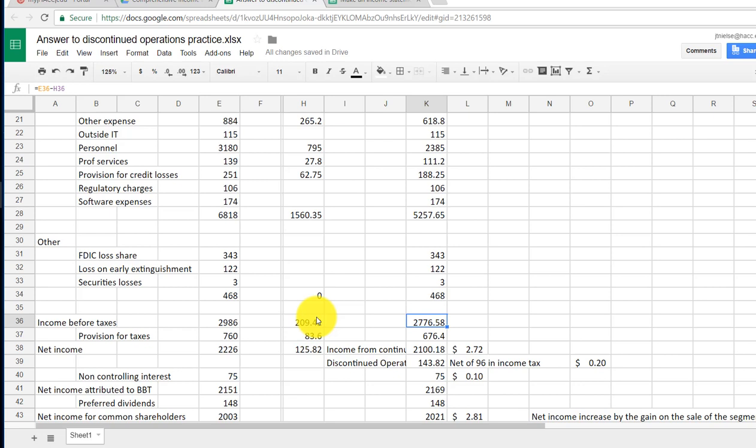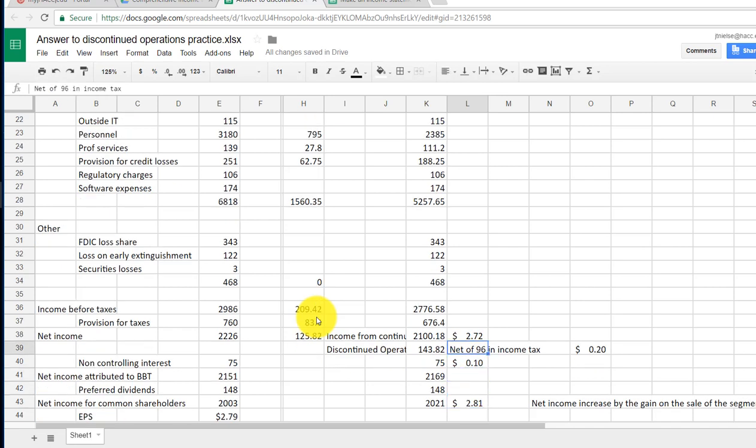Then we have income before taxes, the taxes minus the part that was discontinued, and income from continuing operations of 2100.18. That is subject to an earnings per share calculation, because any special items or subtotal before special items, you have to calculate the earnings per share.